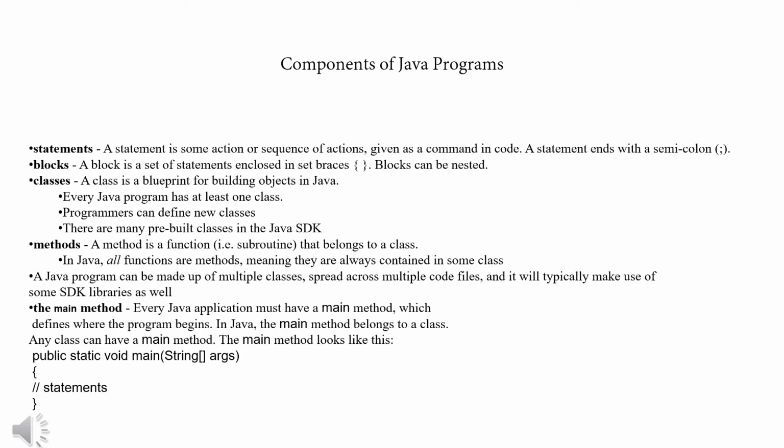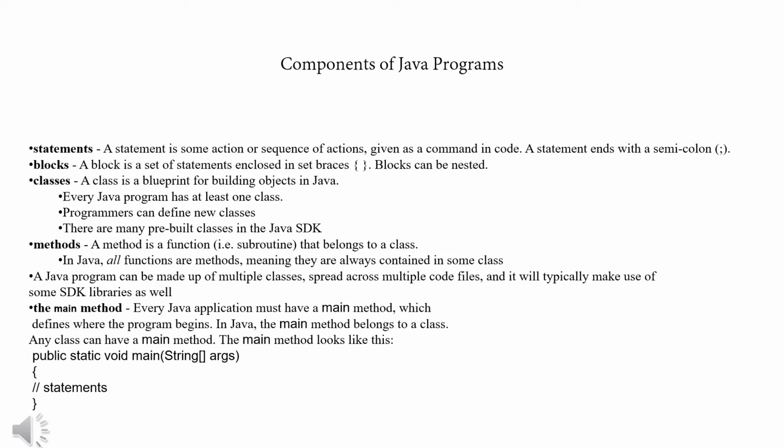The other component of Java is methods. Methods are exactly the same as functions. Functions in C or C++ are a group of lines of code that accept some input, manipulate that input, and return a result as the output.